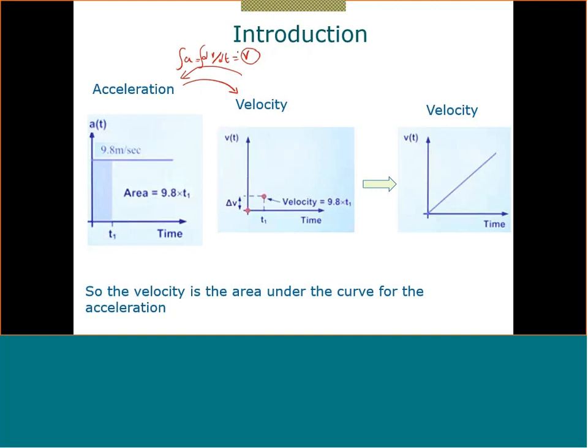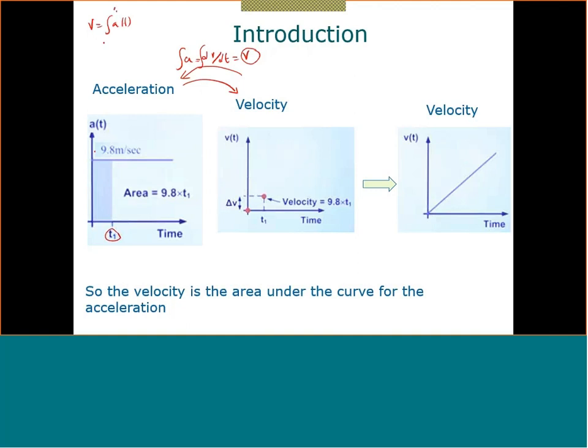If we see here, we have a constant acceleration. It means that the car accelerates at a constant rate. Now, if at t1 we want to find the area under the curve, this is the integration. When we integrate v equal to the integration of a of t, you have to set a limit.